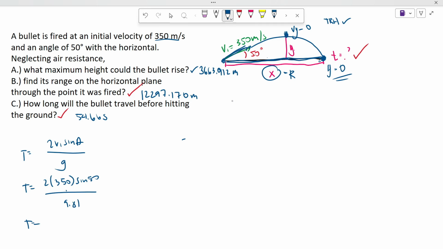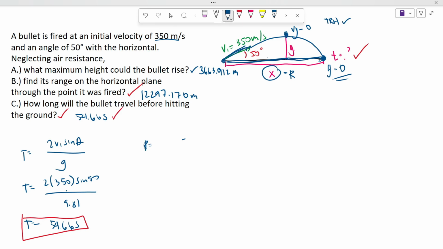So, the T, the time of flight, is equal to 54.66 seconds, guys. If you notice, guys, it has the same answer as the previous solution. Good. Next, the R.